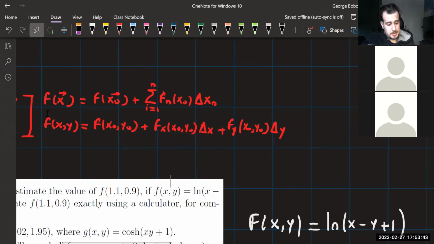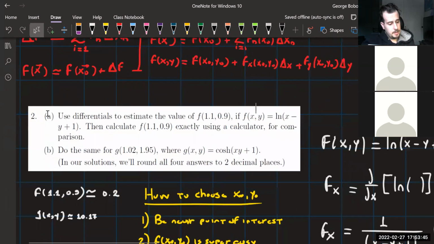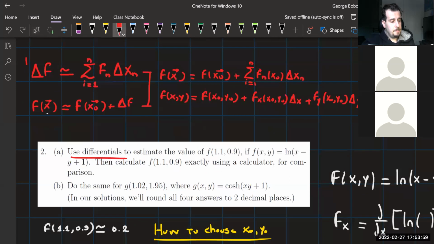So exactly these. But again, using differentials is just jargon for approximating using a tangent plane. I basically derived here how you can use differentials to get the approximation, which is a tangent plane.